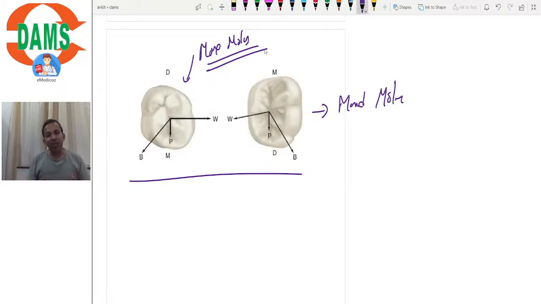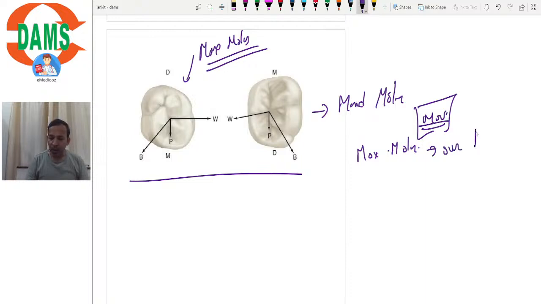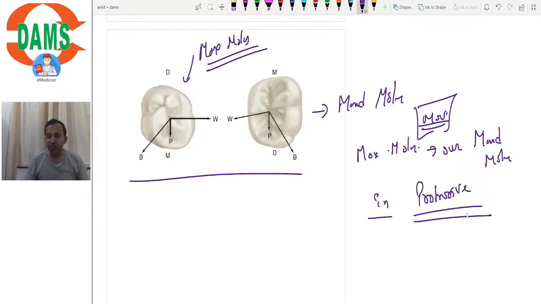So if I asked you in which direction the maxillary molar would move over a mandibular molar in a protrusive movement, what would the answer be?